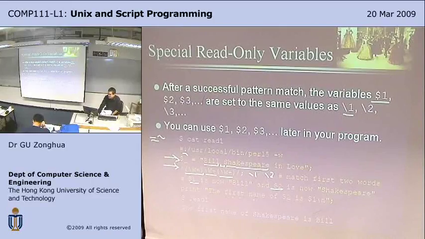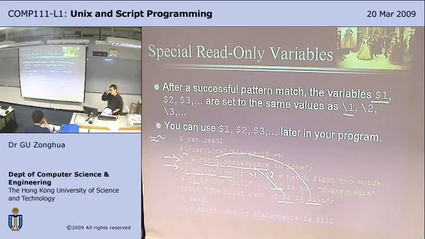You can say the first name is $2 is $1. It'll say first name is Shakespeare is Bill. Whilst \1, \2 can only be used inside a regular expression to do further matching, $1, $2 can be used anywhere in the Perl program.